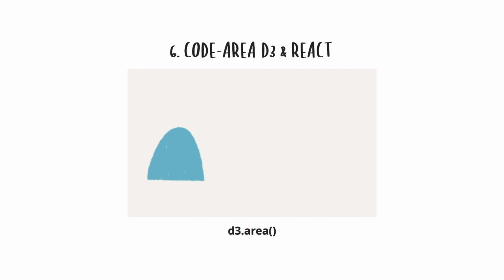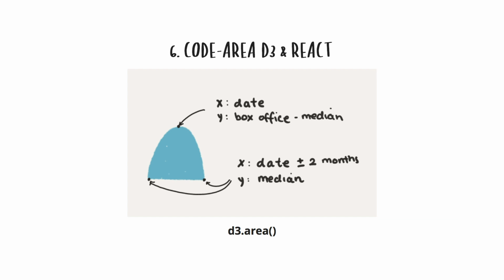So for us, for each movie, we want to give D3 area 3 points: one in the middle, whose X position is the release date of the movie, and the Y position is the box office figure subtracted by the median, and 2 on the sides, 1 2 months before the release date and 1 2 months after, with the Y being just the median.